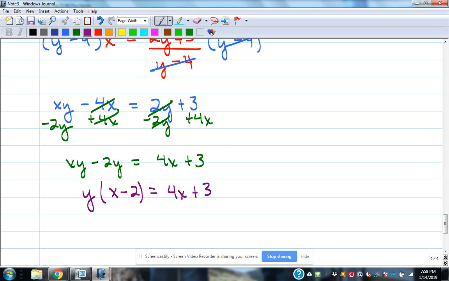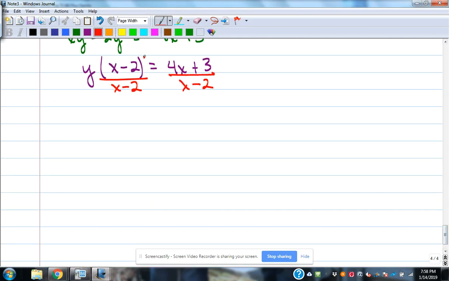So if I divide by x minus 2, it cancels out right there. There's y by itself, 4x plus 3 divided by x minus 2. Is y by itself? We found the inverse then.